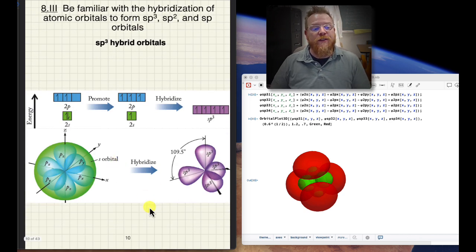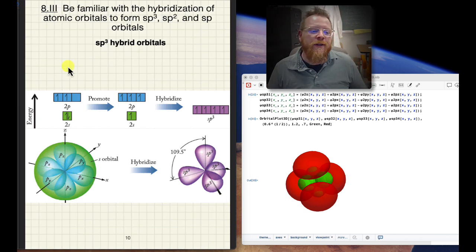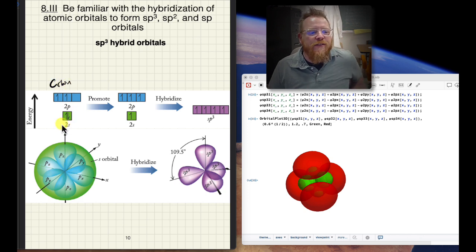So for this first idea, we'll use carbon. Carbon is the basis to describe hybridization. If we look at the atomic configuration of carbon, it's 2s2, 2p2. We rely on the idea that there's an open position right here, and that we could promote one of our paired electrons into that open position with the idea that there will be overall energy lowering.